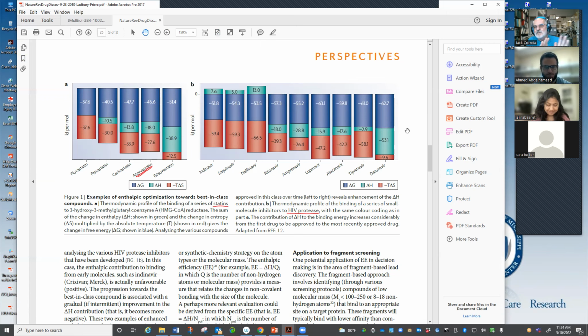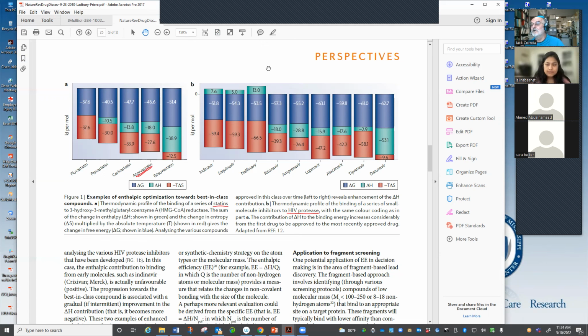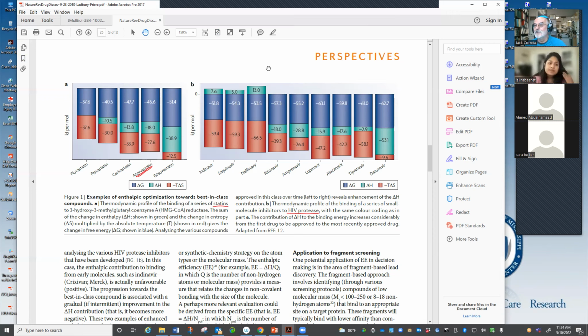Okay. Now, this sequence doesn't seem to match what I was just saying, that we start out with drugs that are predominantly enthalpic, and then we maximize it by increasing the entropy. What Freire has been doing, he's been working with companies and doing calorimetry with companies to come up with a slightly broader insight. This is why you're doing papers, so that we can get a broader picture of this.